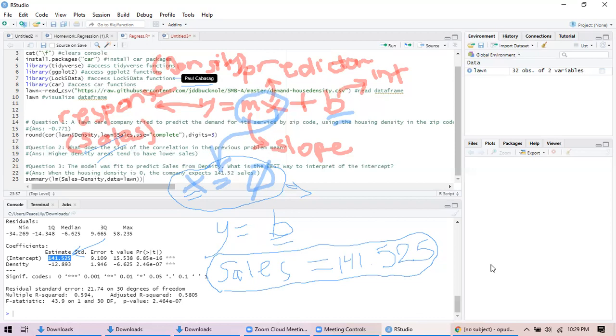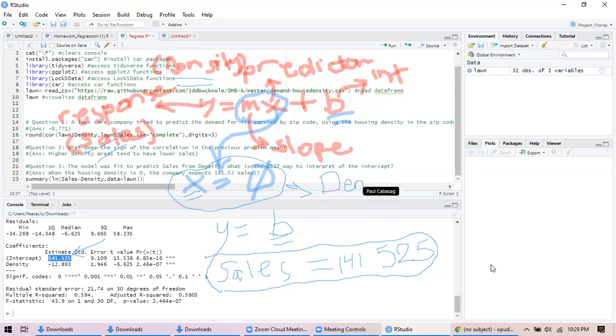X is the predictor. And what is that for this database? The density, not the sales. So it's density, right? Yes.